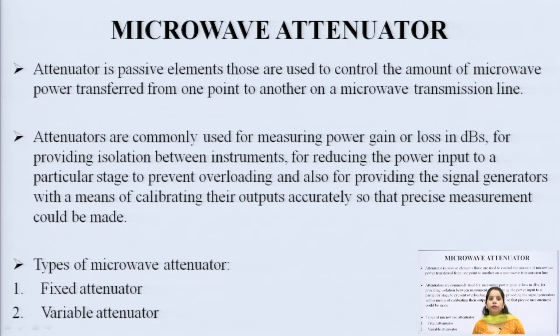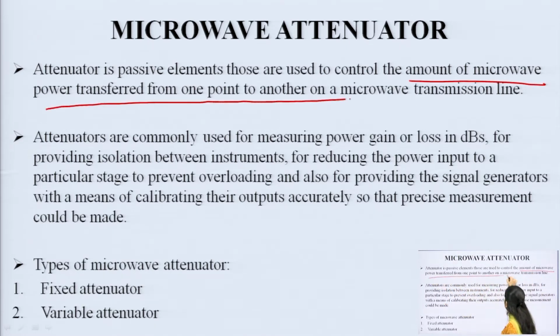Now, microwave attenuators. Microwave attenuators are basically used to reduce the power. As passive elements, they are used to control the amount of microwave power transferred from one point to another in a microwave transmission line.